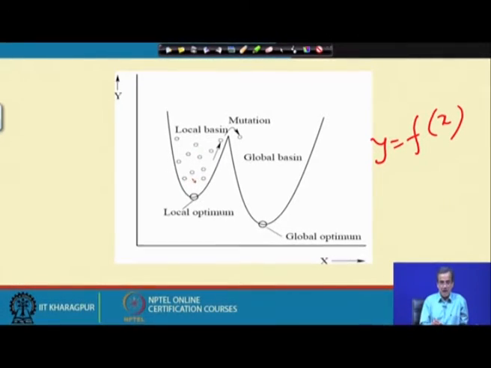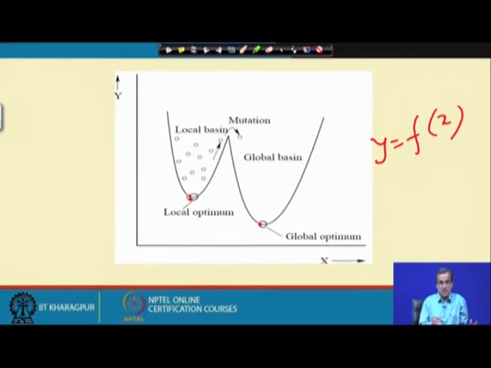Supposing that unfortunately all the initial solutions are lying in this local basin, and if I run GA for a large number of iterations, there is a possibility GA is going to hit this as the optimal solution. But this is not the globally optimal solution, this is a locally optimal solution, whereas the globally optimal solution could be here, because this is a minimization problem. So, this is the global minimum solution and that is the local minimum solution.